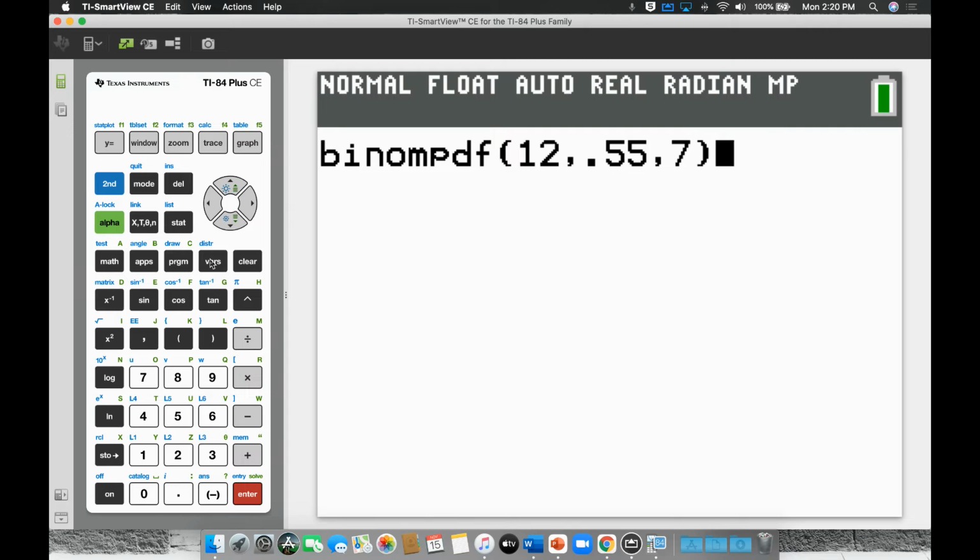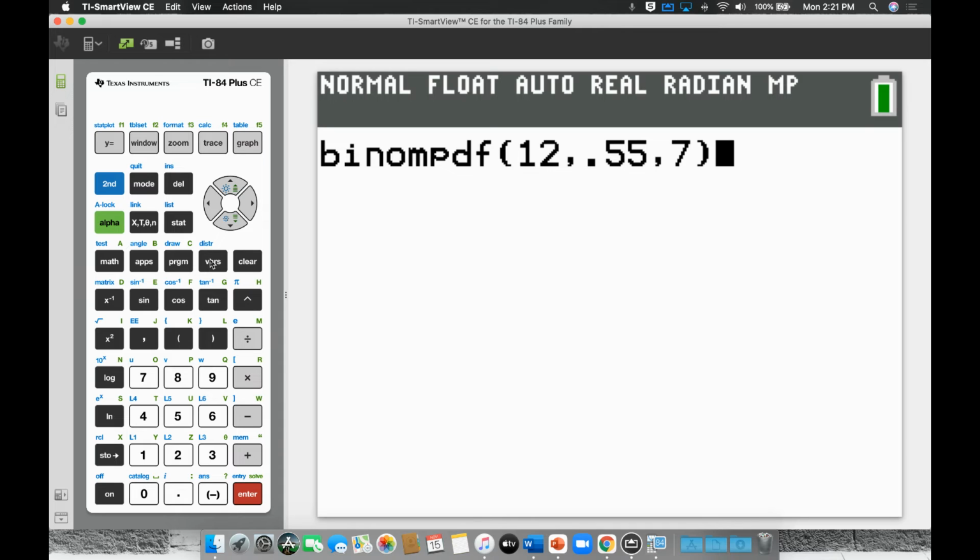If you don't have this, it should say binom PDF, parentheses. Some of our calculators, if they're the older software, don't give you some of the features.